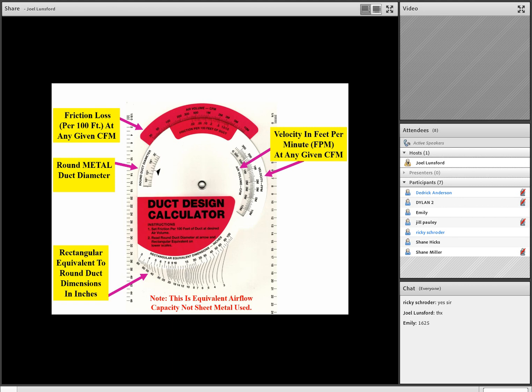So this friction loss per 100 feet is a very important aspect of our design because we want to make sure that as we build a duct system, we do not exceed the static capability of the fan.